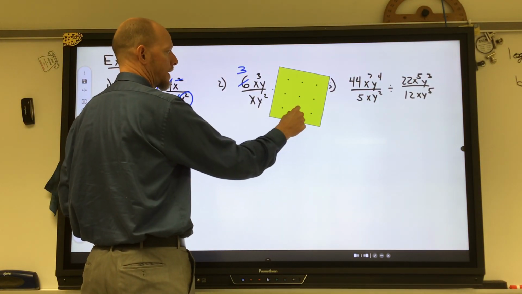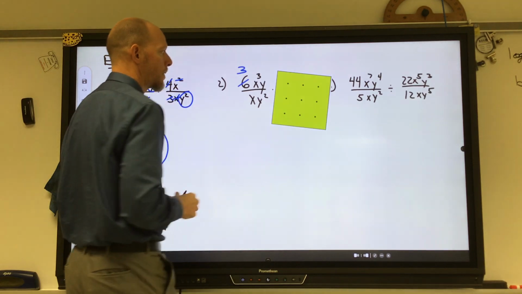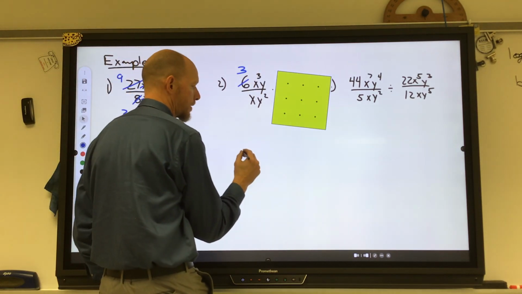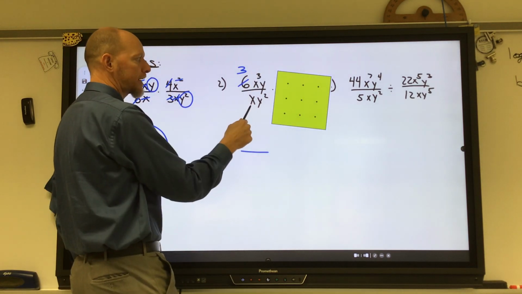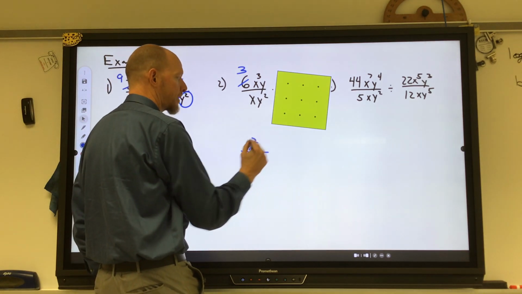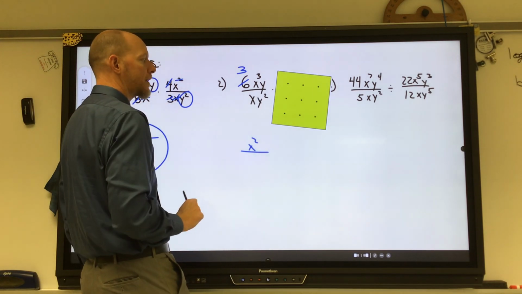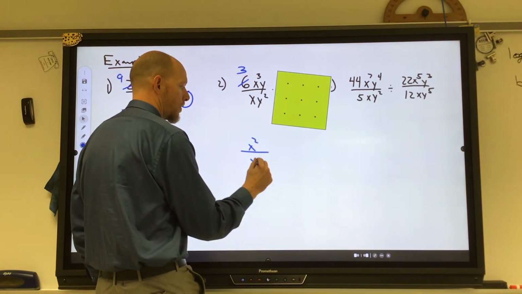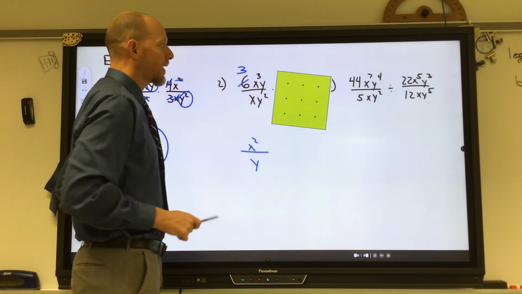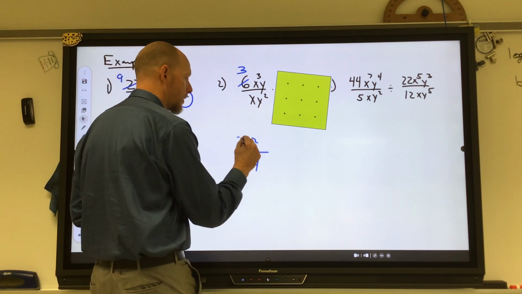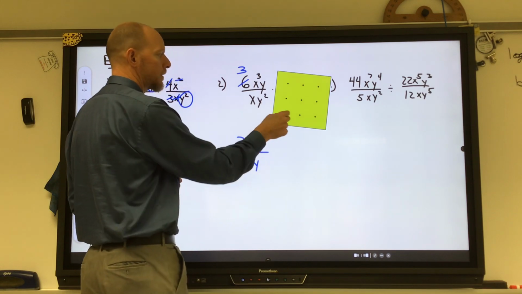So I'm just going to cover this up. I see x cubed over x will be x squared. Y over y squared is going to be y. Now keep in mind, we already said the number is going to be 3/4.